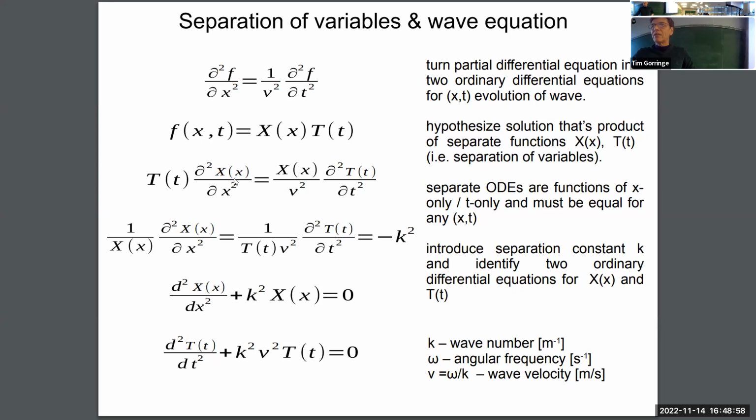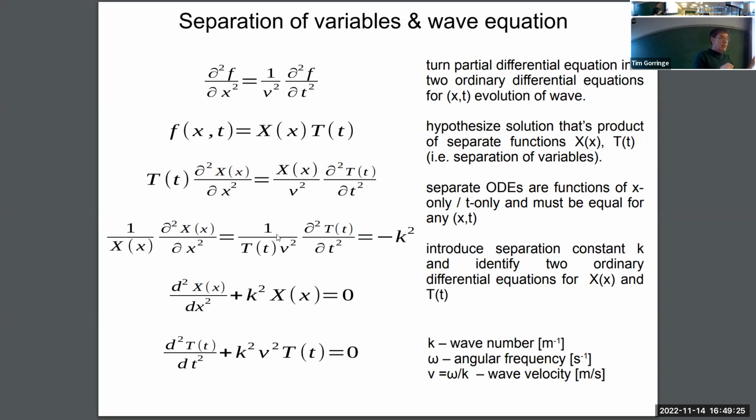I get this little expression here, which I can separate out into two parts. I can move all the space dependencies over to one side, all the time dependencies over to the other side. That's going to turn my partial differentials on the left and right into ordinary differentials, because those sides are only a function of either space or of time. And most importantly, it allows me to separate those two parts.